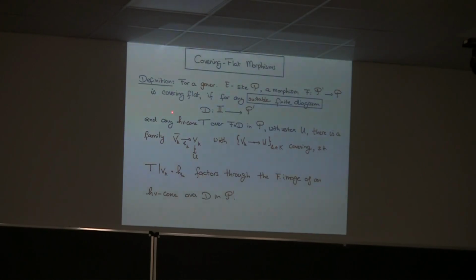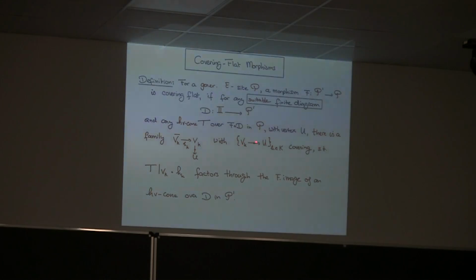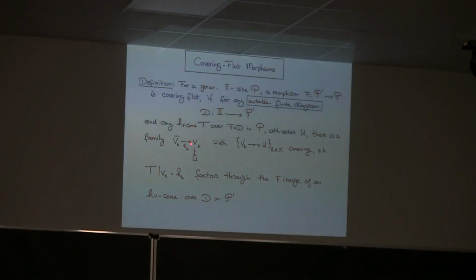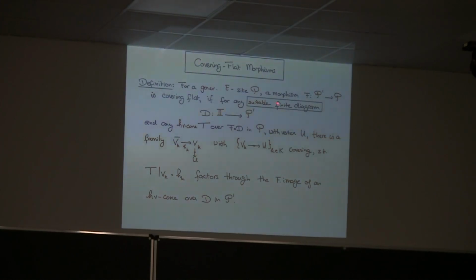Other than that, every HV cone over f after d needs to have a covering family of vertical arrows, pre-composed with a horizontal arrow potentially, so that the composites will factor through f images of the HV cone in the domain.